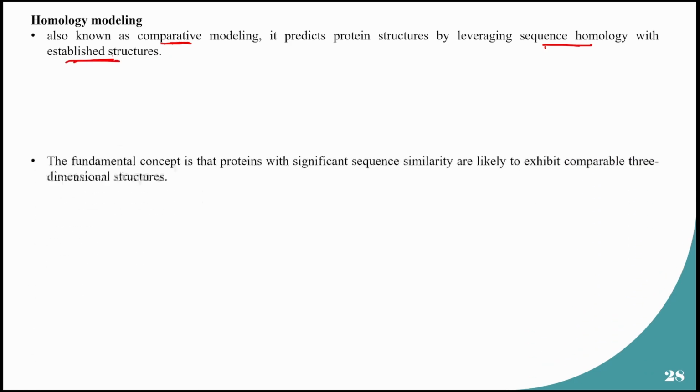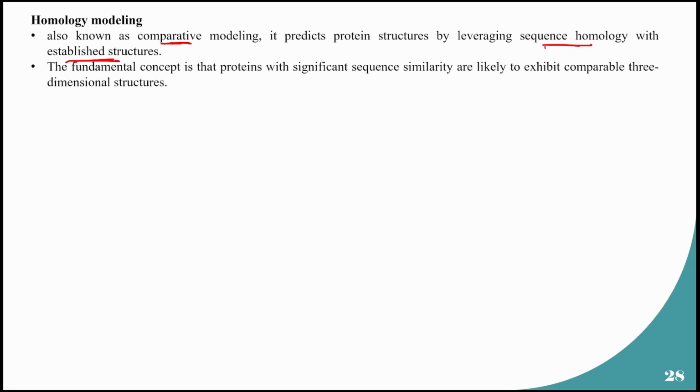Now, what homology modeling essentially is, it's also called comparative modeling, right? Comparative modeling means that by comparison, you're trying to build a structure. By comparison with what? By comparing with another homologous protein that is already quite well known, right? So basically leveraging sequence homology with established structures, you are trying to predict from sequence the structure of some protein that is not known, right?